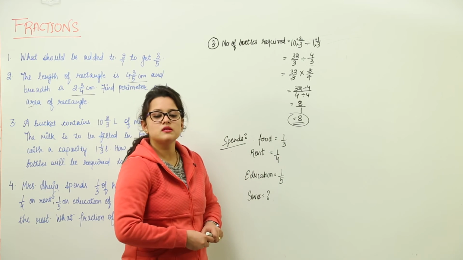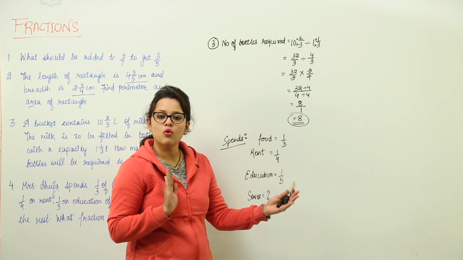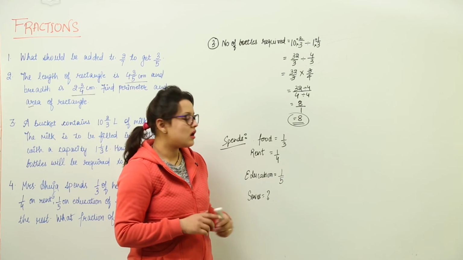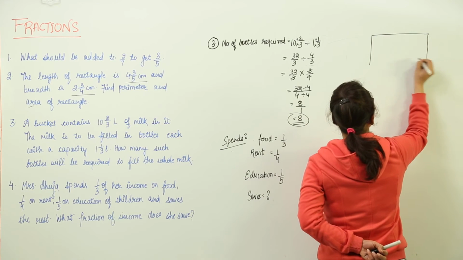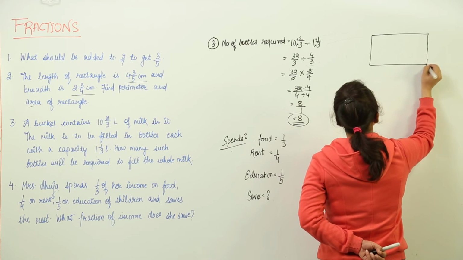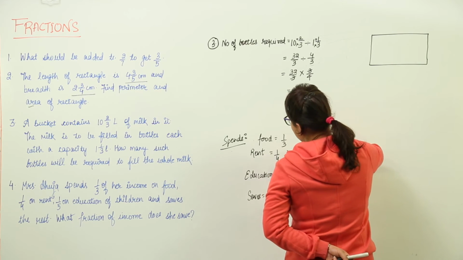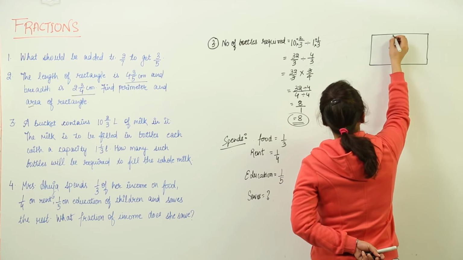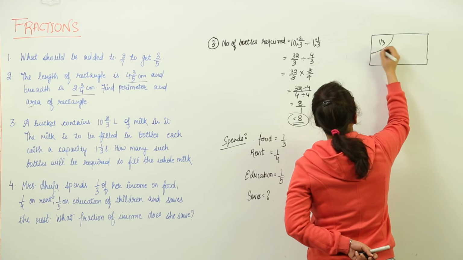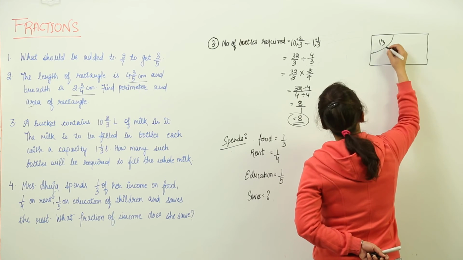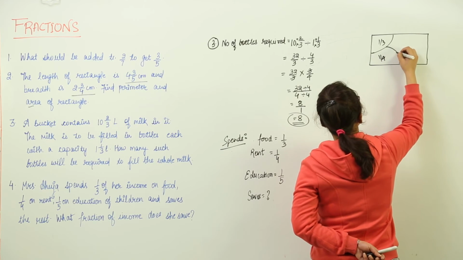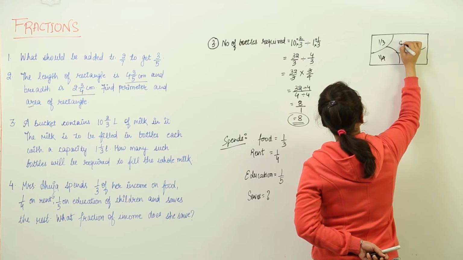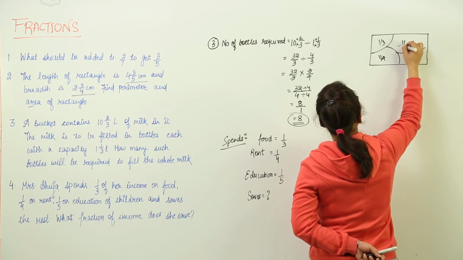These fractions represent the income as the whole, the one part. Say this was the total income. Out of this, the 1/3, 1/4 and 1/5. Say for example, this is the 1/3 part which is spent on food. This is the part that has been spent on rent, and this is the part spent on education. Let us write 1 by 5 directly.